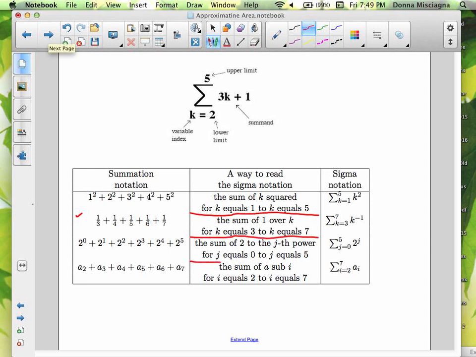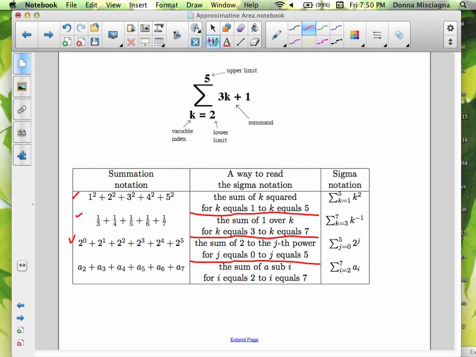So I'm going to mark it so I don't read the wrong row again. There we go. All right, so what we would be adding up is 2 to the 0, because we have j equals 0 as our lower limit, plus 2 to the first, plus 2 squared, plus 2 cubed, plus 2 to the fourth, plus 2 to the fifth.